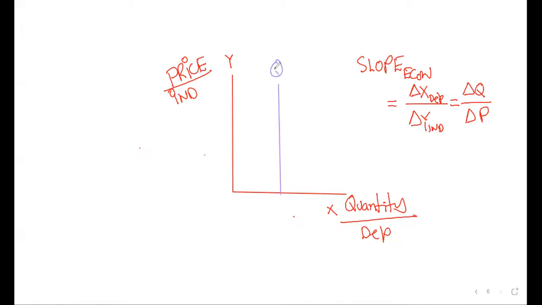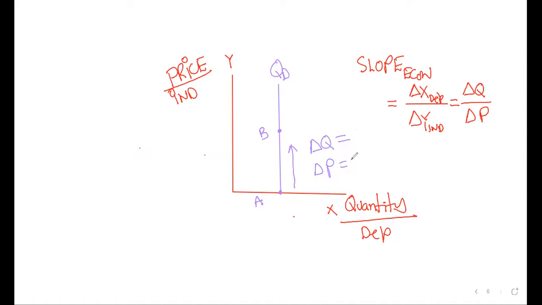This is a demand function. What do we see? We are moving from here to here, point A to point B. As we move from A to B, what is the value of del Q and what is the value of del P? This is a demand function.